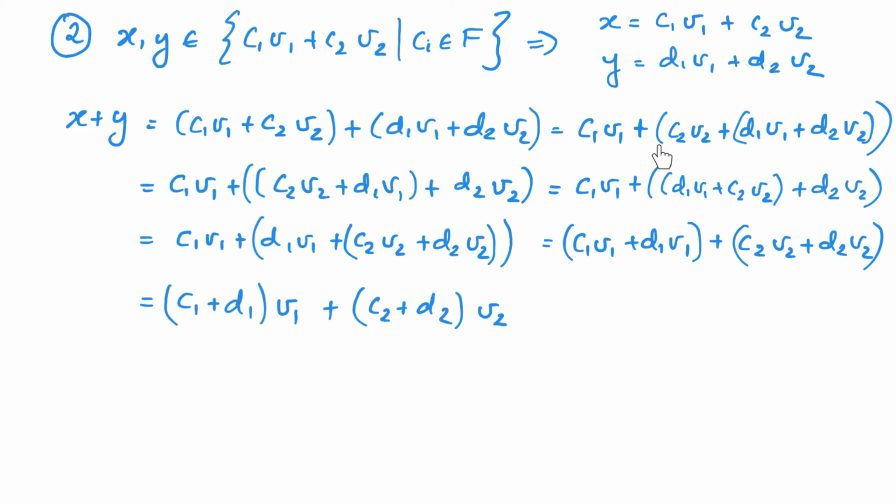Now we restrict our attention to these three vectors and apply associativity to this sum. Then we can rewrite this as C2 V2 plus d1 V1 plus d2 V2. Now we focus our attention on this sum C2 V2 plus d1 V1 and apply commutativity of vector addition. Therefore, we can rewrite this as d1 V1 plus C2 V2.